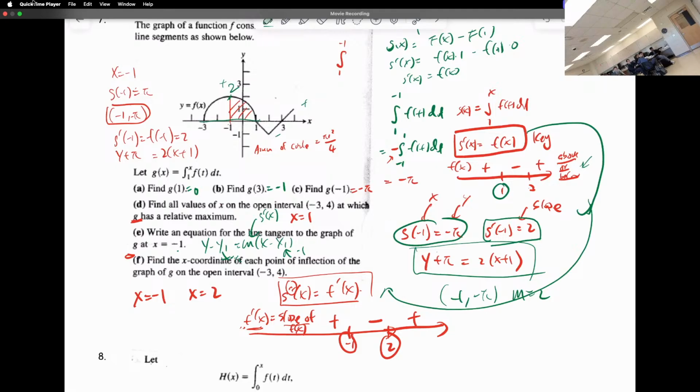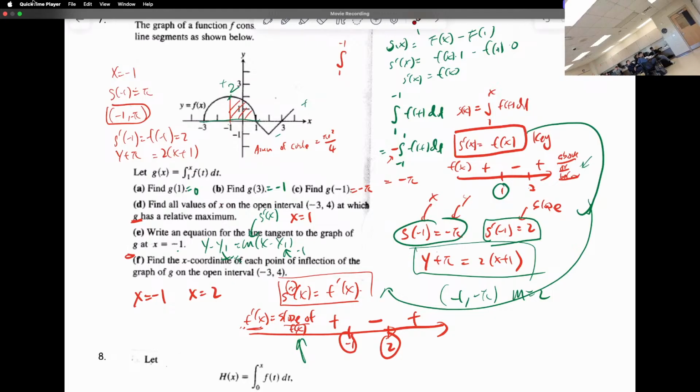So you see, this is how I write it. Here the slope is going up, then the slope is going down, and then it is going up. Then I see concavity change at negative 1 and 2. And that's how to solve the problem.